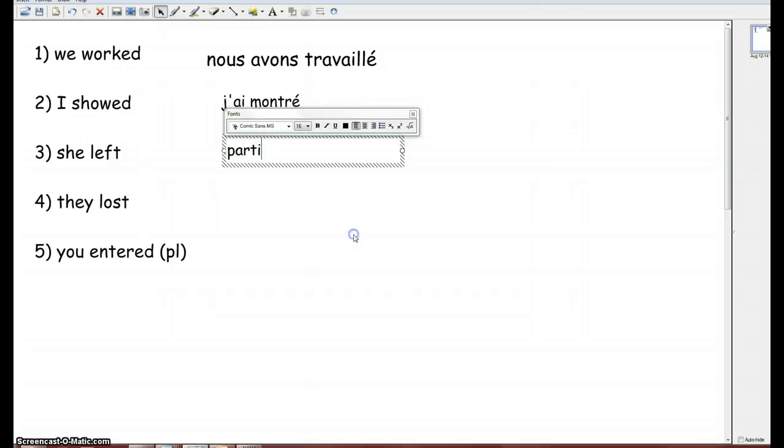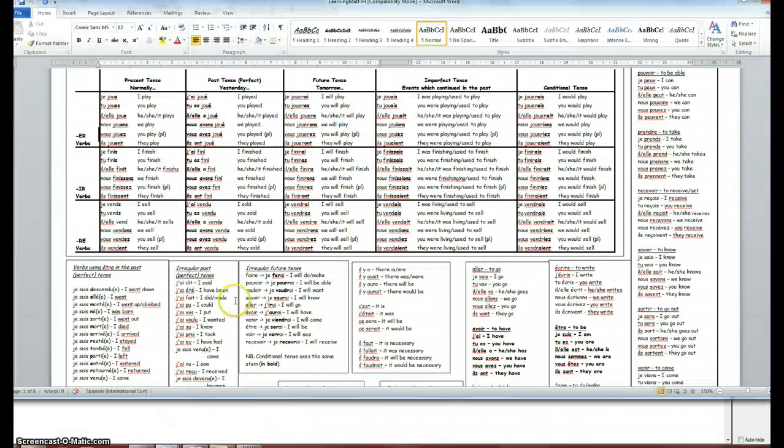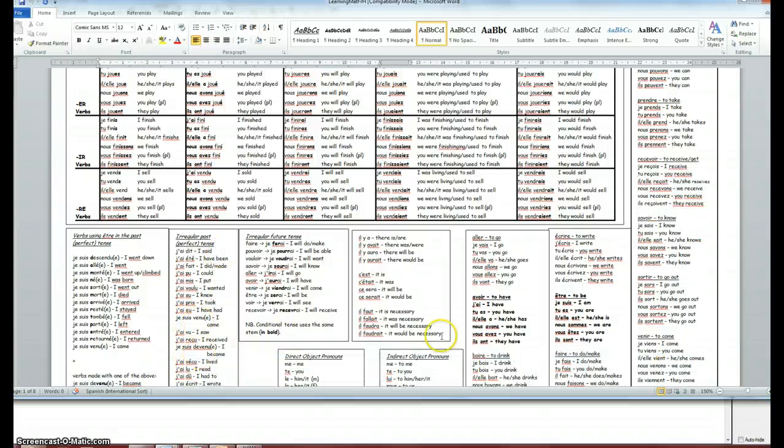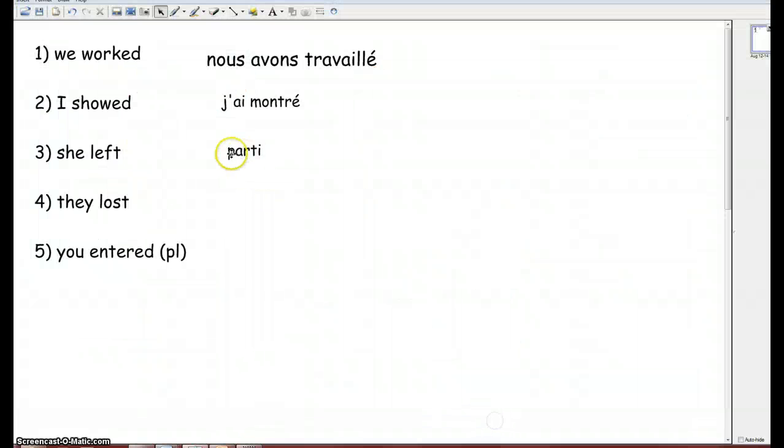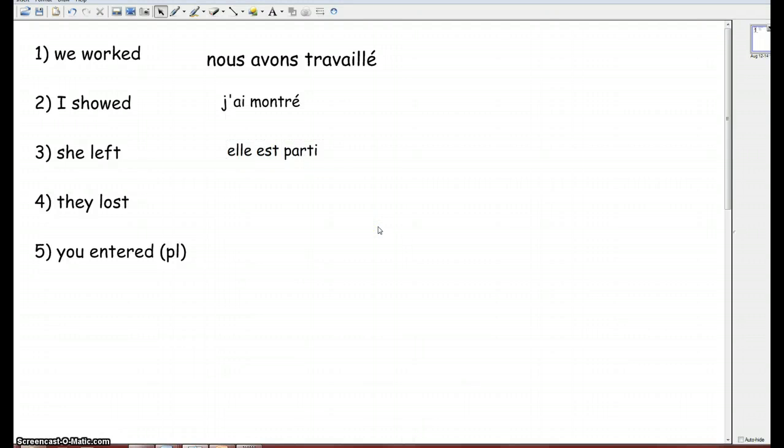Just take the R off and we've got the past participle. Now, we need the she form of je suis, she form of être, which is elle est. Okay, so that's our auxiliary done as well. And there we go. Elle est partie, she left.